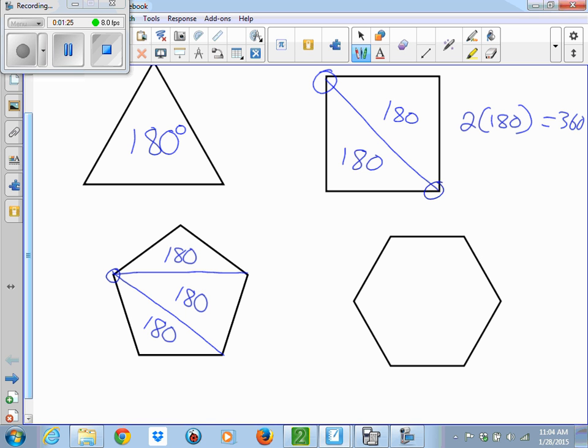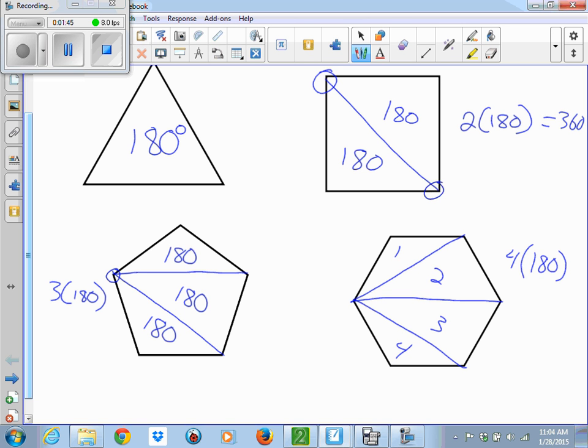So to find our angles in total, we're going to take 3 times 180. Same thing for a hexagon. We have 1, 2, 3, 4 triangles in there, so we're going to take 4 times 180. This is going to be the pattern that we're going to use.